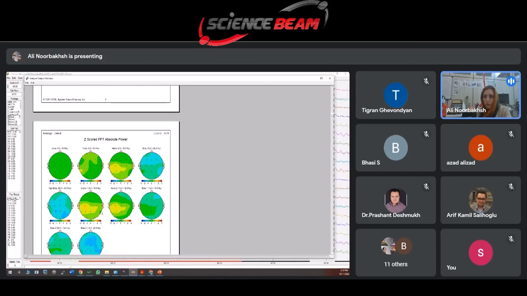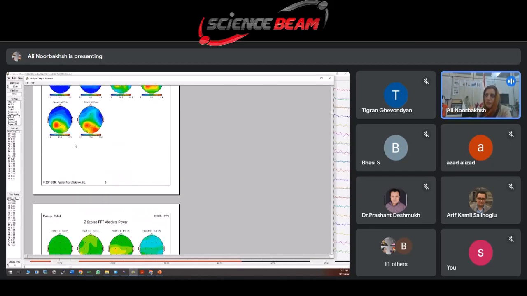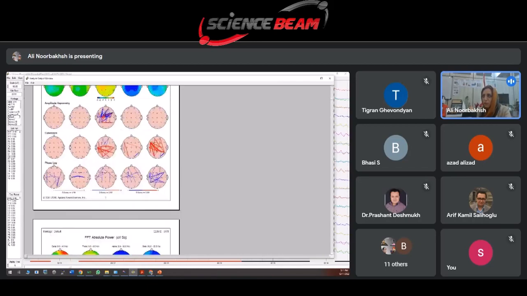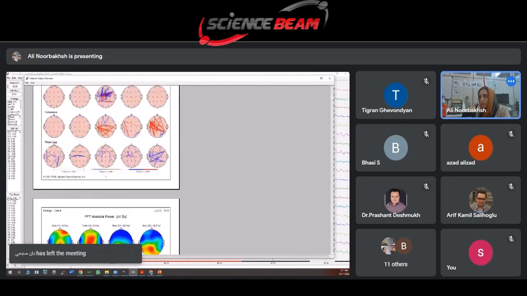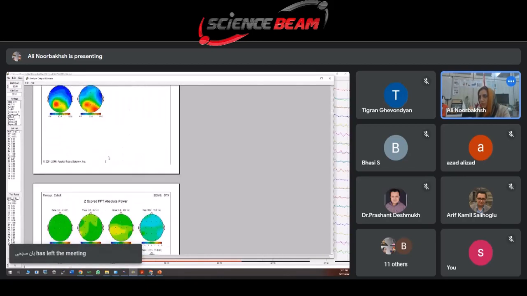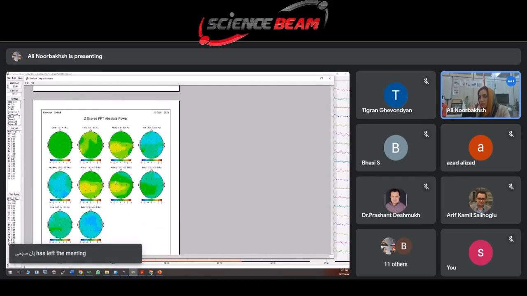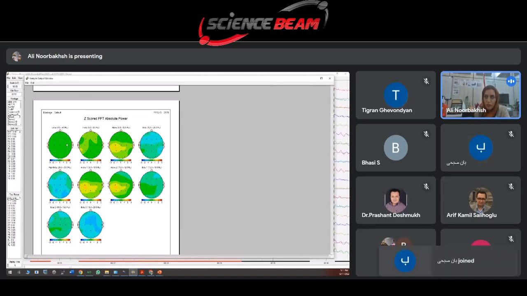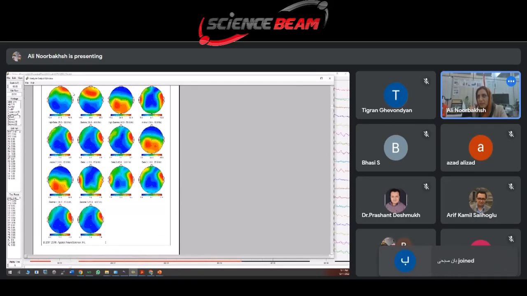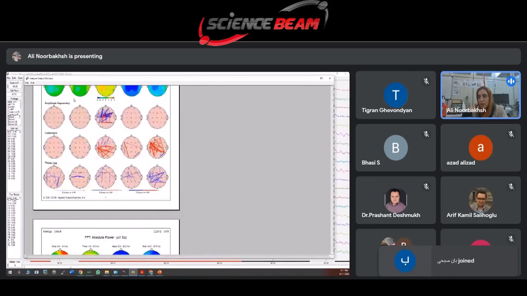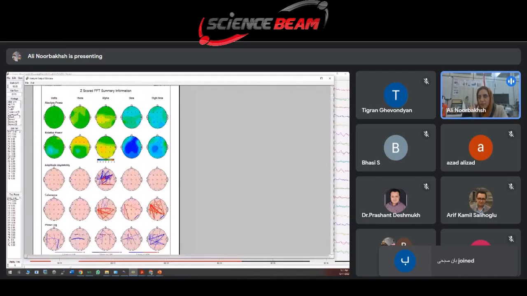Can you compare this page with this? Please compare to this page. Delta: now you can see delta between 1 to 4 hertz. But on page 3, you can't see the frequency band.